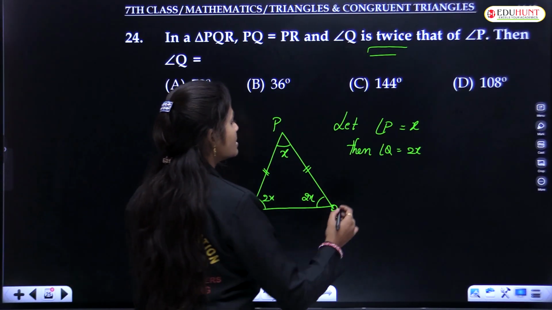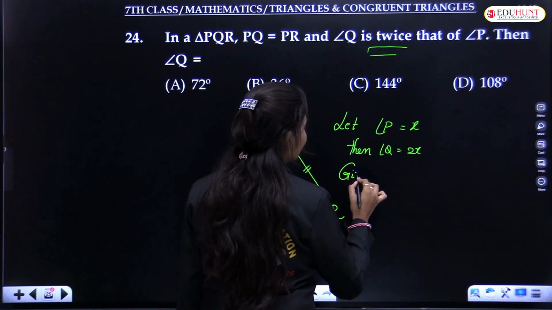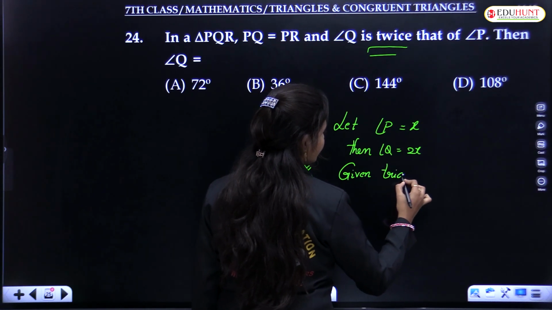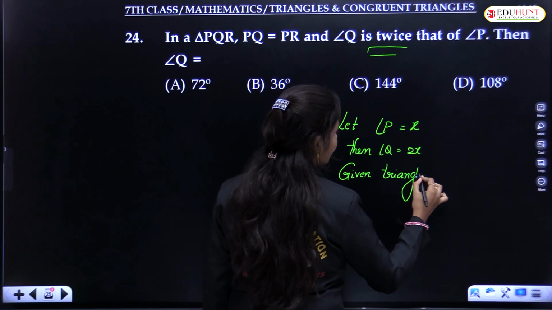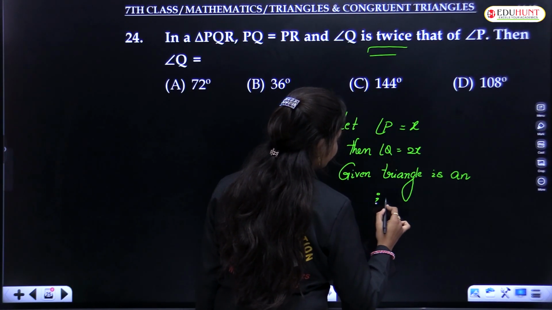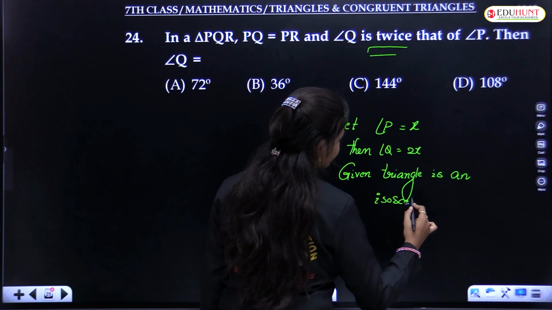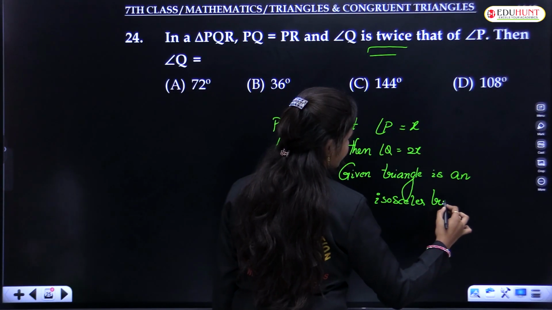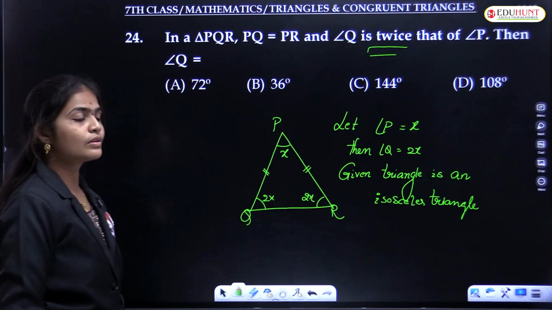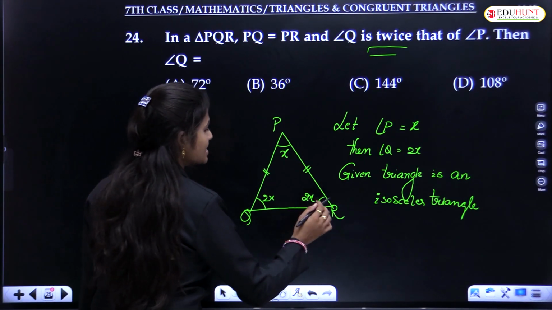Okay. Why? Because given triangle is an isosceles triangle. Okay. So that's why here base angles are equal, no?